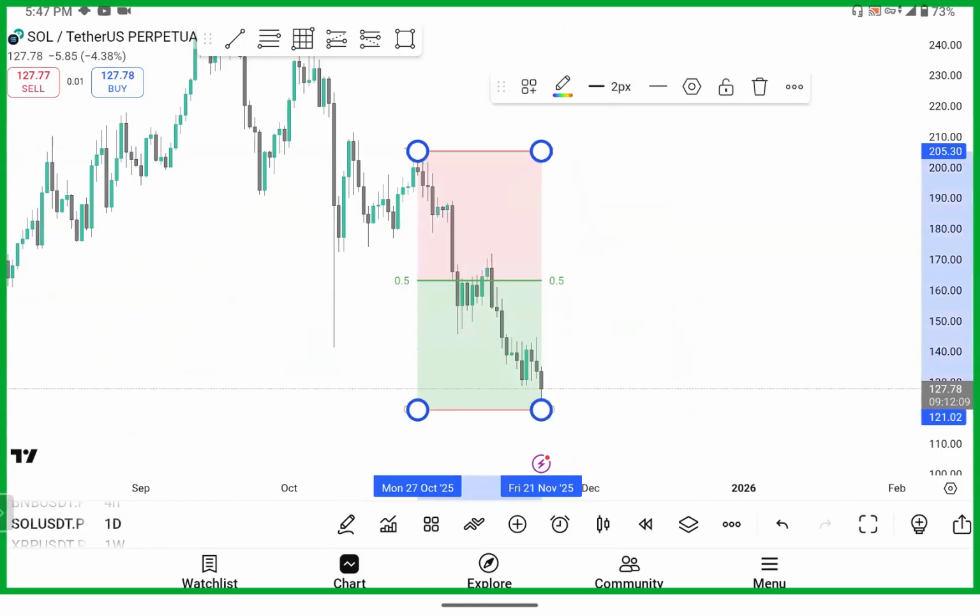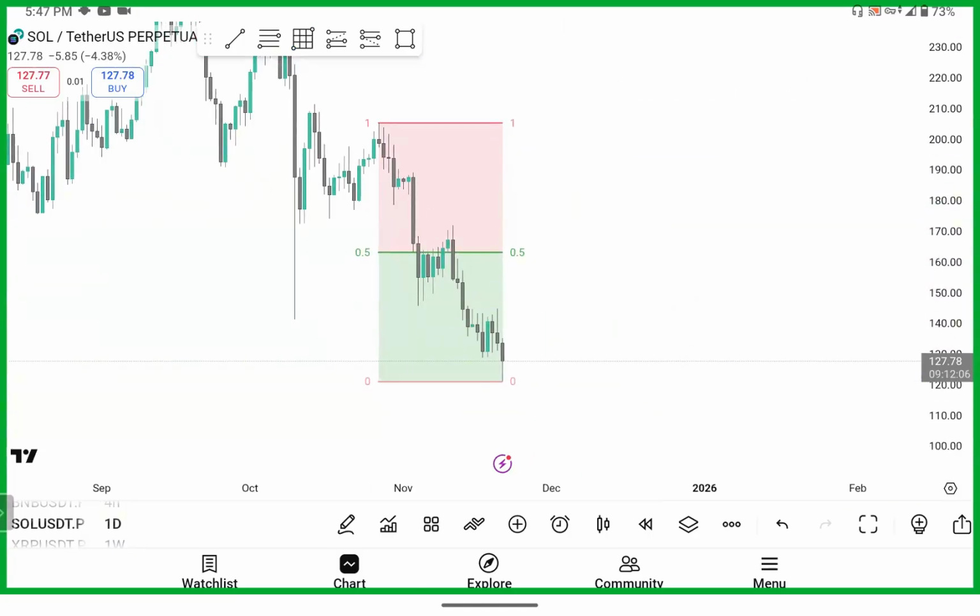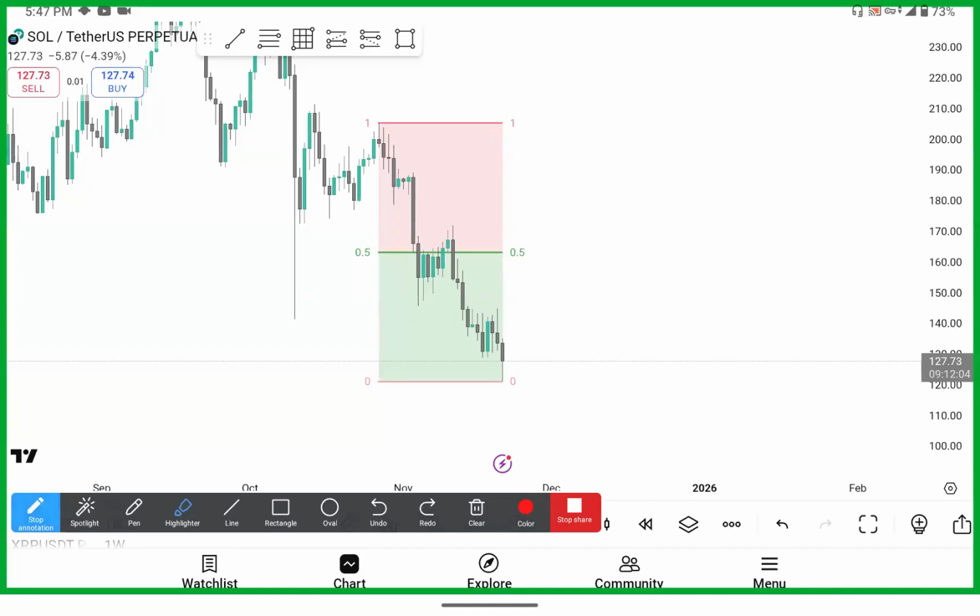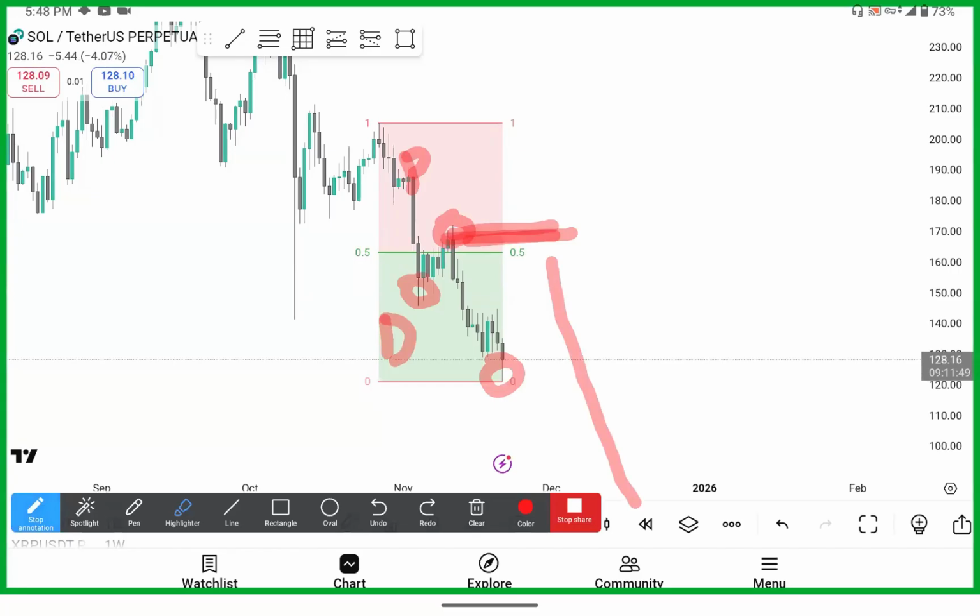You get? So right now, hope you see how price moved. It was in premium, came to discount. So immediately it tapped into discount, it came back to premium. Then it is now in discount. So price is most likely coming to take out this one, then it will continue down.